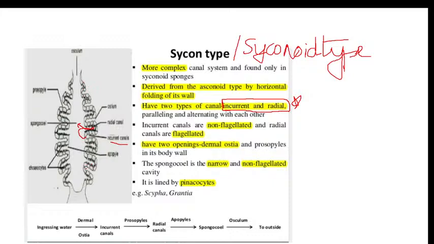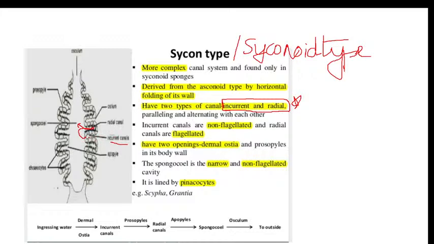Finger-like projections are found throughout the body and they have two types of canals, incurrent and the radial canal, which are paralleling and alternating with each other. Then the incurrent canals are non-flagellated and radial canals are flagellated. You can see here the incurrent canals are non-flagellated.